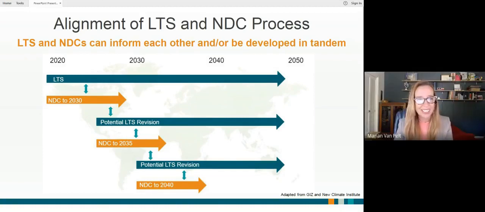You know, we're sitting here in 2020 and the coronavirus has changed everything. And so certainly that's the type of thing that would be discussed in an LTS revision. And that is also where you can demonstrate the type of progress that you've been making along the way.